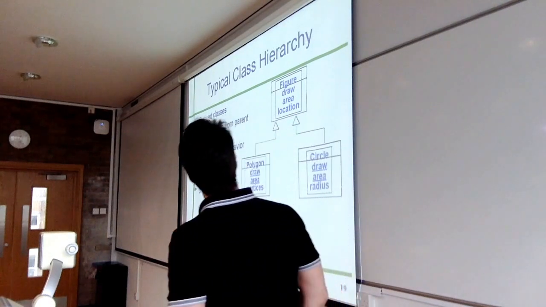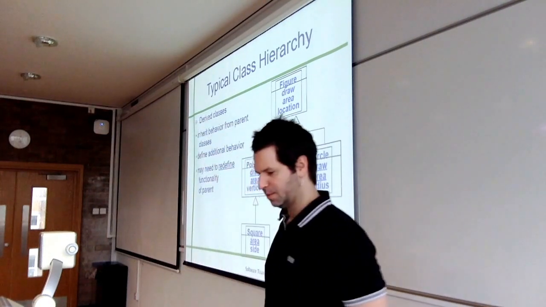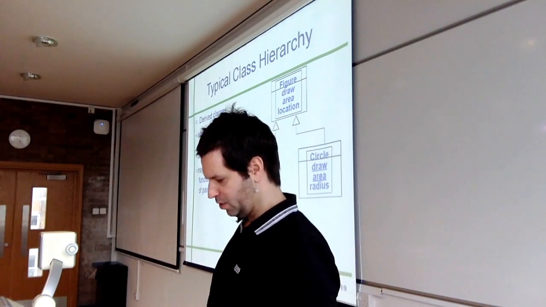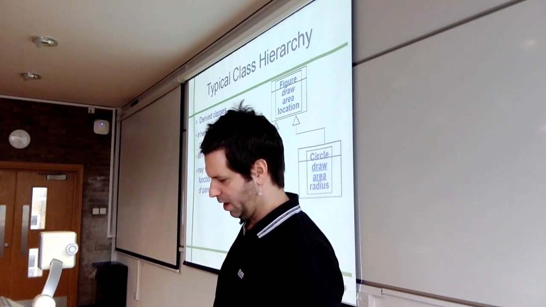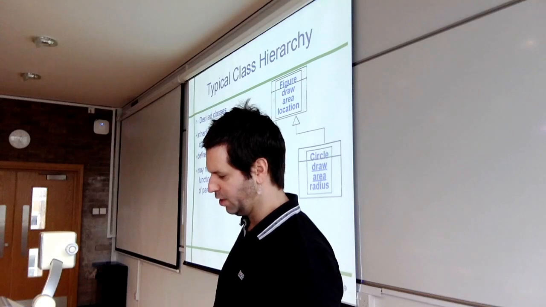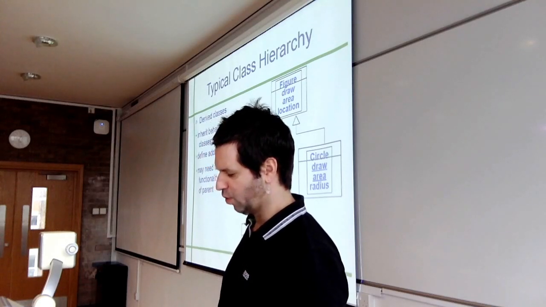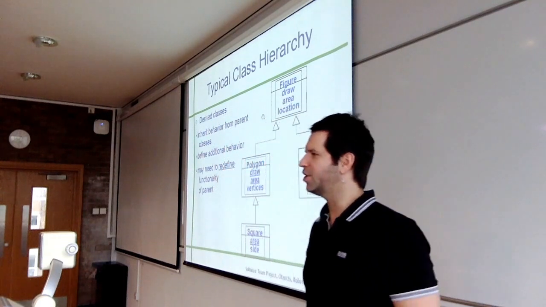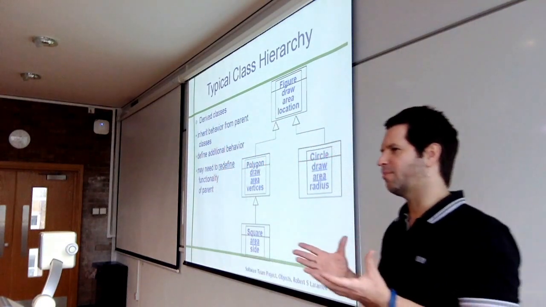Here's an example of a class hierarchy. So we have this object called figure, and this is a drawing. We often refer to this drawing editor, this fictitious application.